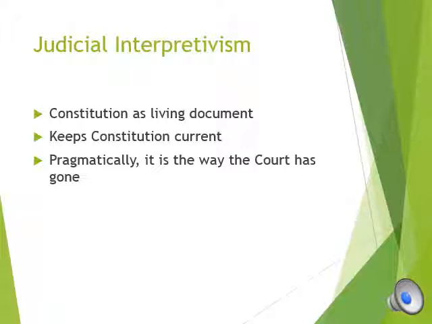Right, so the idea here is that, hey, the founders intended us to struggle over the exact meaning with each new generation. The court plays a significant role in this. That is judicial interpretivism. That is understanding the Constitution as an evolving document.